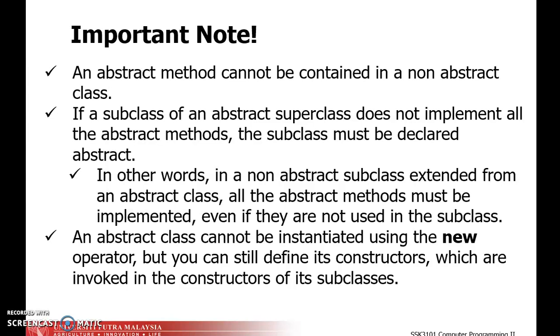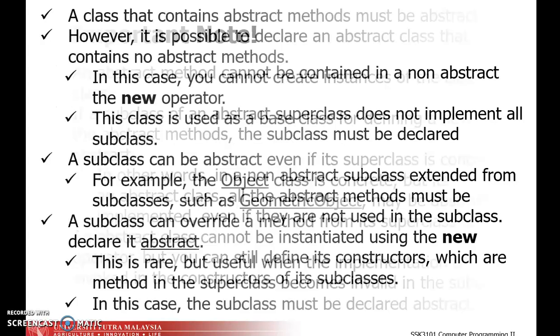In other words, a concrete subclass extended from an abstract class must implement all the abstract methods even if they are not used in the subclass. An abstract class cannot be instantiated using the new operator, but you still can define its constructor, which is invoked in the constructor of its subclasses.